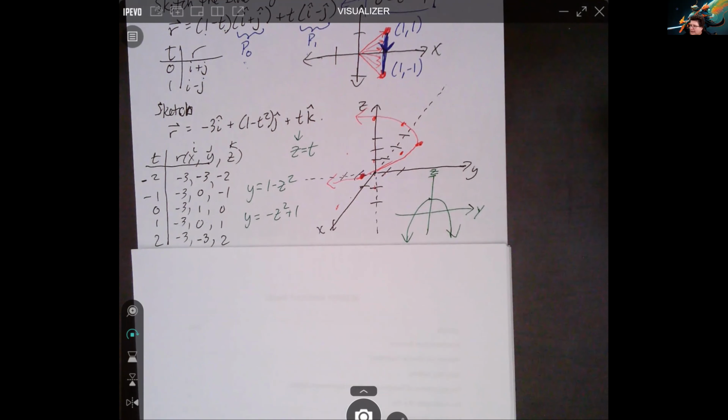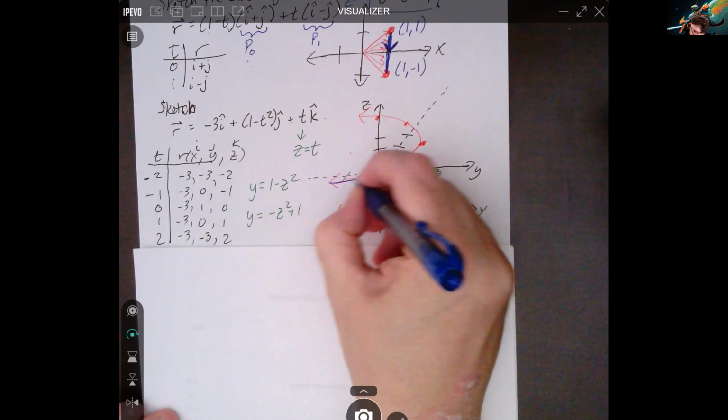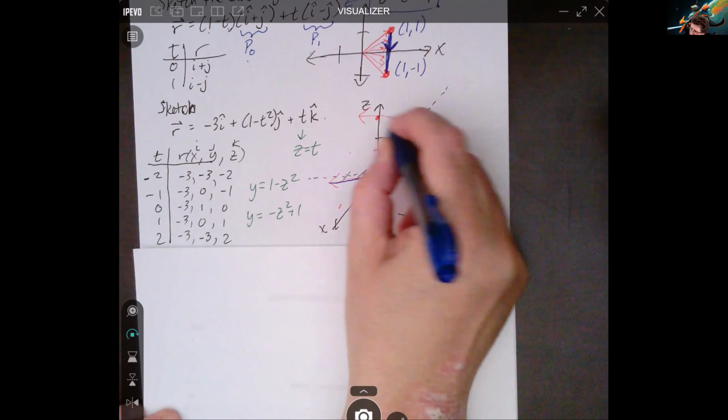One thing I missed and did not show is that we need the orientation. This path right here, assuming my dots are a little better lined up, I was plotting them in this direction.